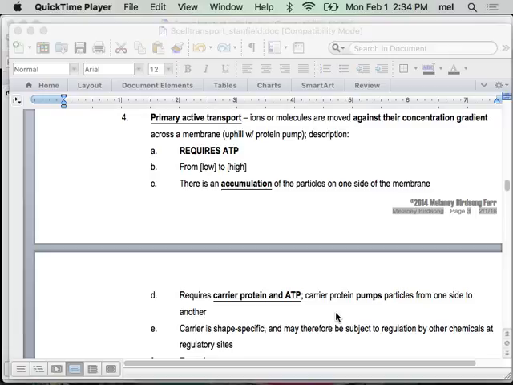So what we're going to do now, and then we'll mess with it later, so this is fundamental that you understand, is we're going to put in leak channels for sodium and potassium, just like we did last time. Let's make this one a potassium leak channel, and this one a sodium leak channel.